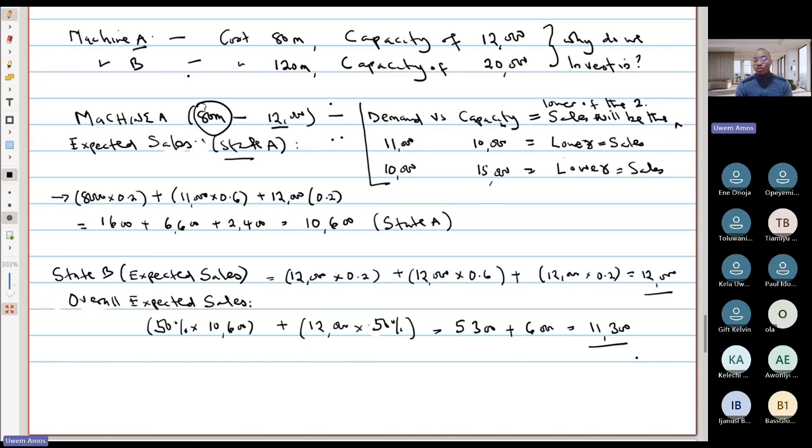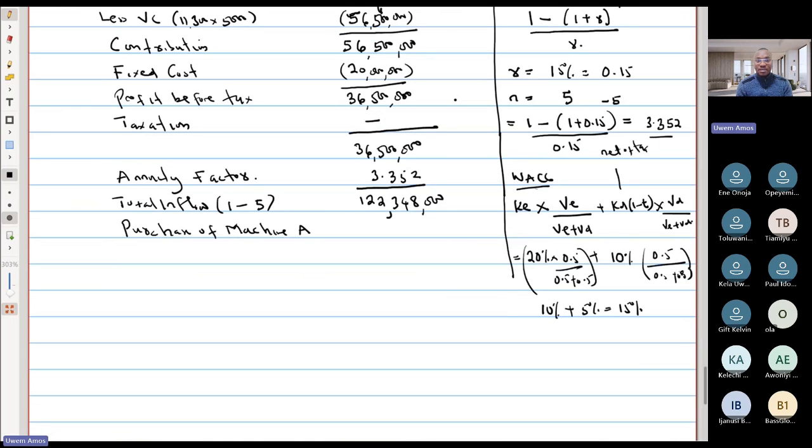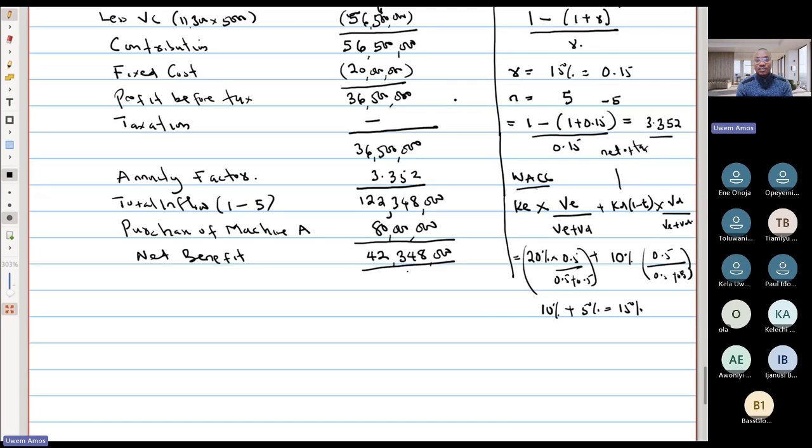That is what it will cost us to purchase machine A. So we take off what we will use to buy machine A, which is 80 million. What does it leave us with? Our net benefit is 42,348.